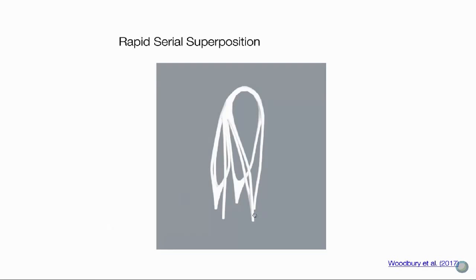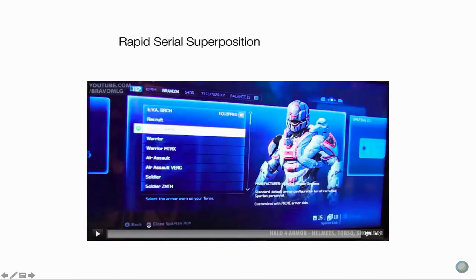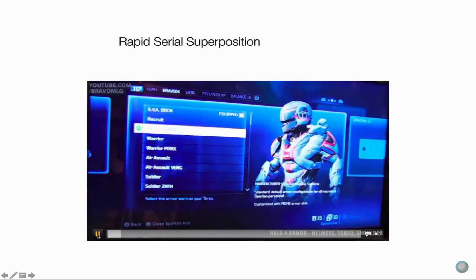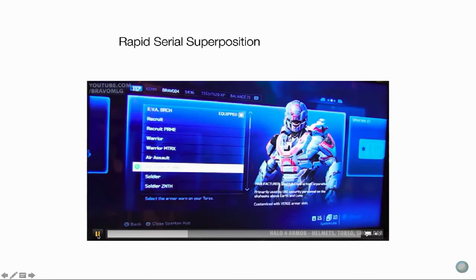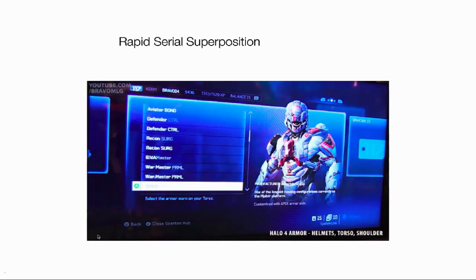You might not think this is a serious proposition for an interface, but it is. In fact, it's the most common design space exploration interface in existence today. Many games use design space explorers for outfitting armor or car properties based upon rapid serial superposition.